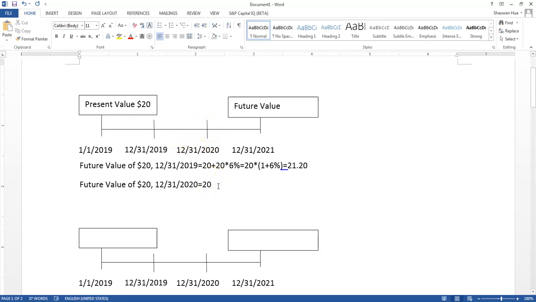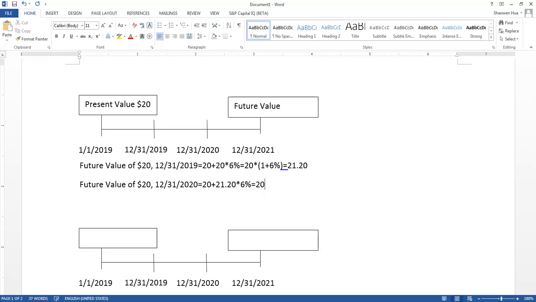So I will calculate interest based on this $21.20 I owed him. The $20 of original principal plus $21.20 multiplied by the 6% interest rate.